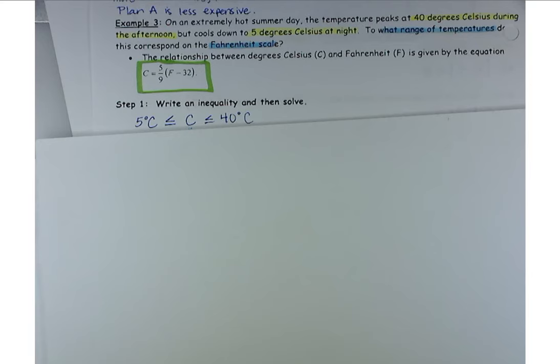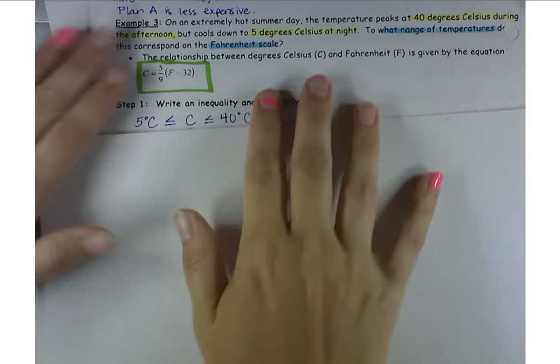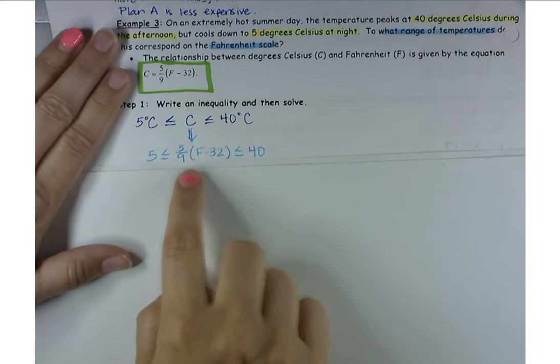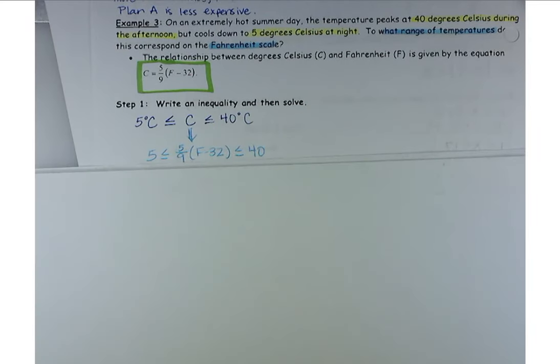Okay, so we know that in order to convert, I just have to use my relationship equation. So in terms of Fahrenheit, it would be 5/9 and then F minus 32, and then your range is going to stay the same. So really, I just have to solve that inequality for F.